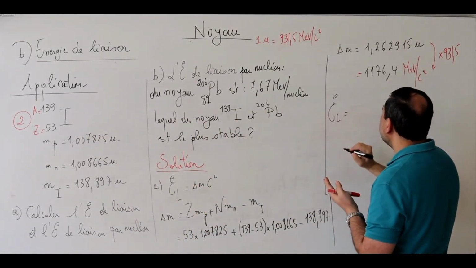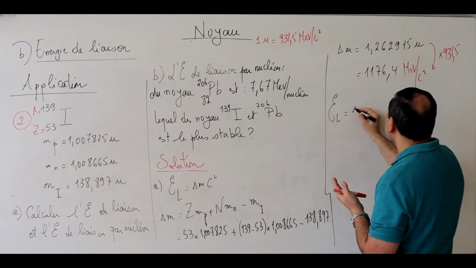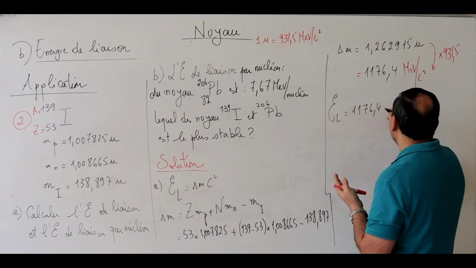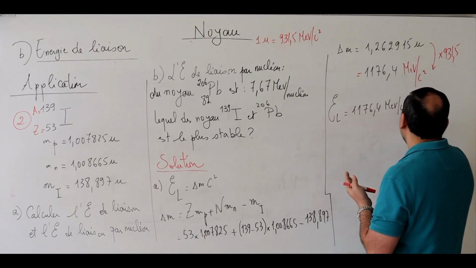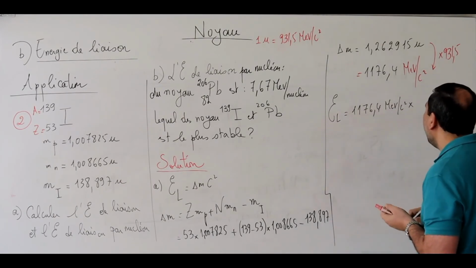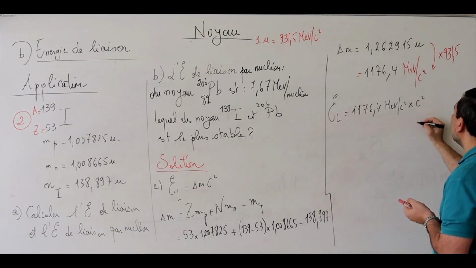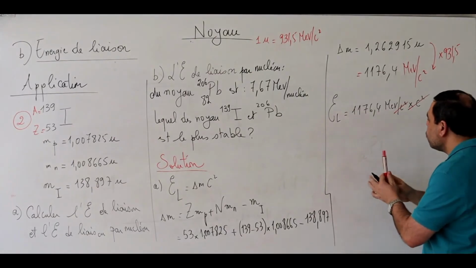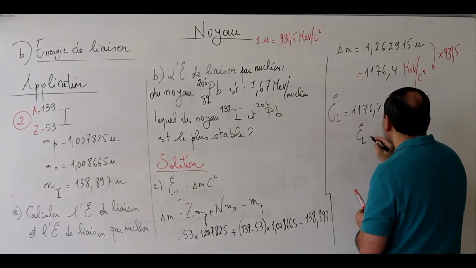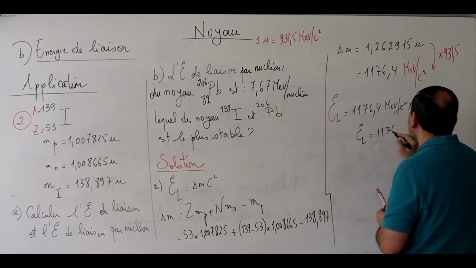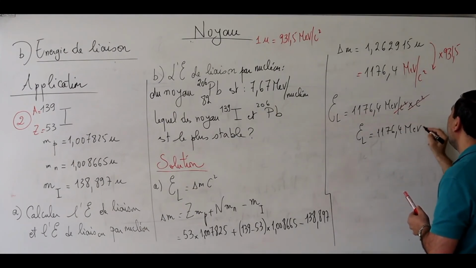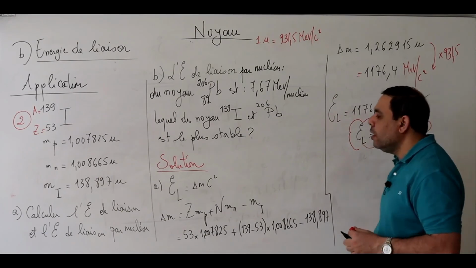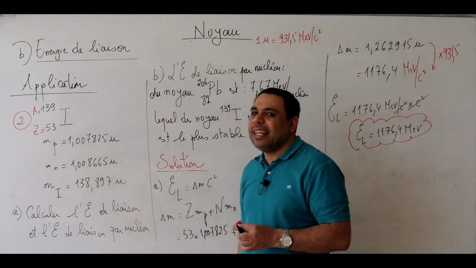Returning back to the formula of the binding energy, delta m c squared. Delta m is 1176.4 mega electron volts per c squared multiplied by c squared. Simplify by c squared. The binding energy becomes equal to 1176.4 mega electron volts. This is the binding energy for the iodine nucleus.